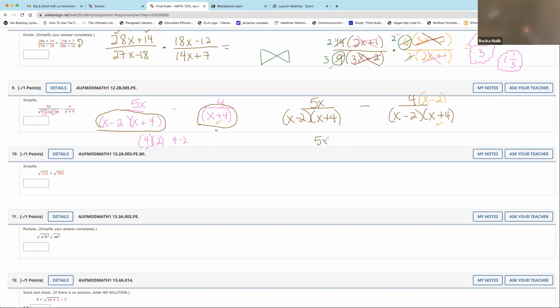So 5x over, keep it in its factored form. Minus 4 times x, 4x, 4 times -2, minus 8, over my new extra long denominator.